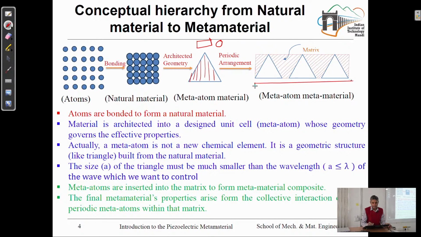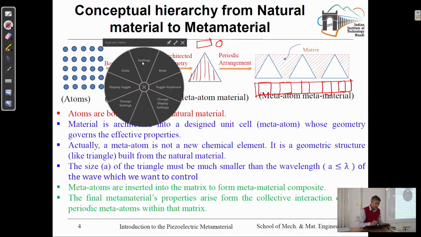Suppose you have a square shape. We can arrange these meta-atoms in a periodic fashion. So you can see we have so many combinations. We have, say, this aluminum material.